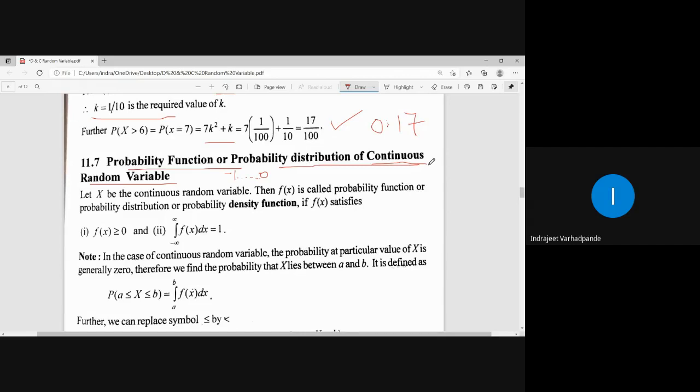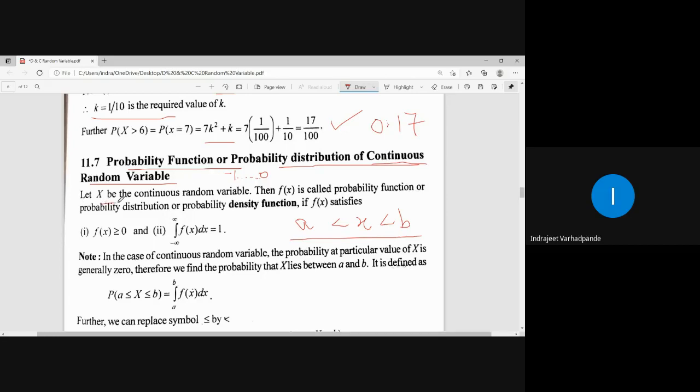Mostly the best point for identifying the continuous random variable is whenever the data is given as an interval, meaning a less than or equal to x less than or equal to b. Between a and b there lie infinite number of points. So when it is given in the interval form, we identify that as a continuous random variable.